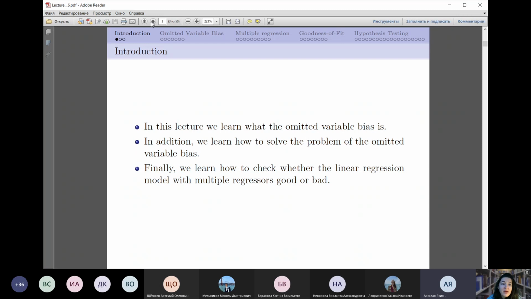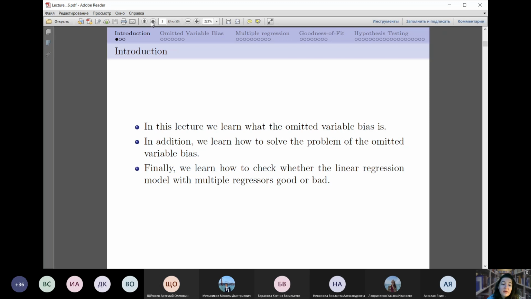And of course, this is our main goal, to predict our dependent variable, to explain the variation in our y. Because of this, the multiple regression model is still one of the widely used vehicles for empirical analysis in economics, in business, and in other sciences.